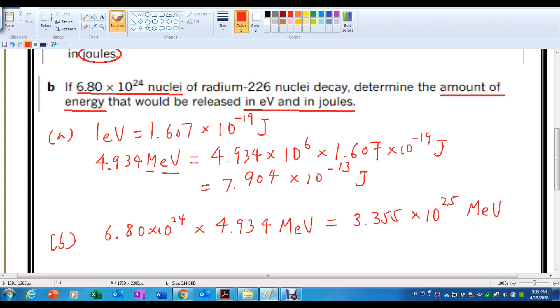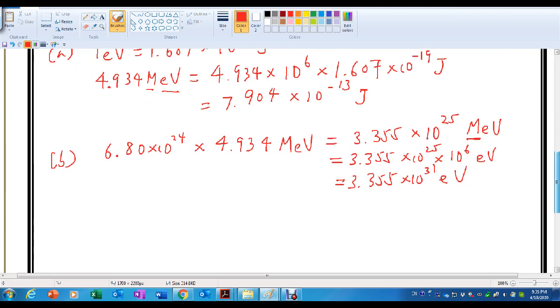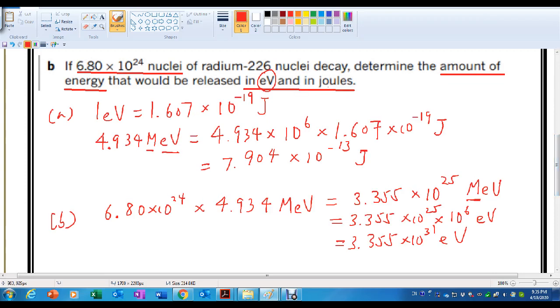Is that okay for this answer? No, because the answer must be in eV. So you need to write that mega as 10 to the power 6. In the end, the answer would be this one. Is that all right? But then you have to answer in joules.